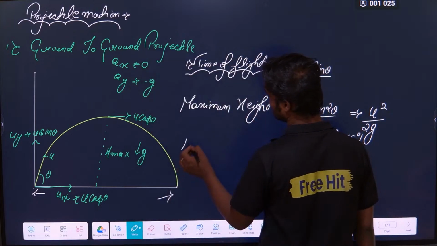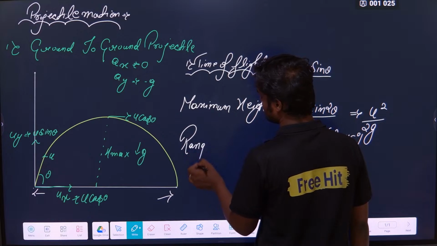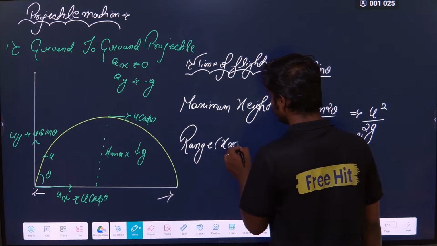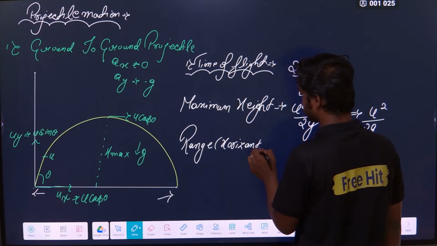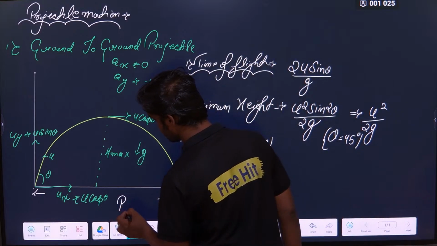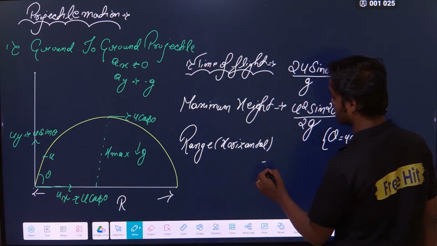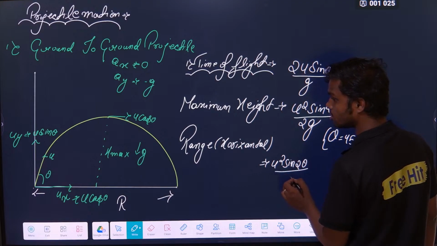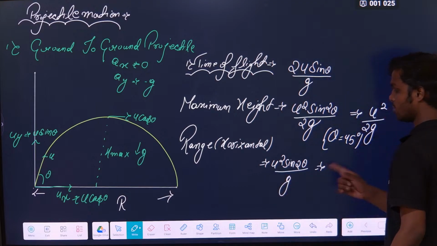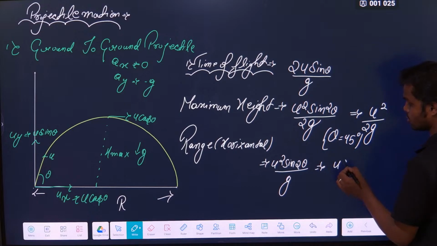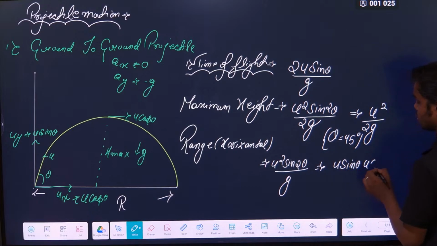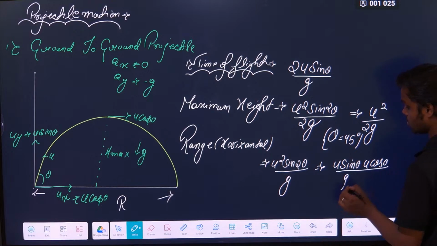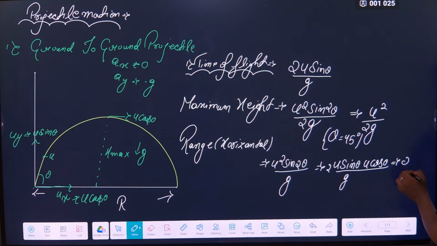Third is range, the horizontal range, from here to here. It will be given as u squared sin 2 theta by g. This can be written as u sin theta into u cos theta divided by g into 2, that is 2 times ux into uy divided by g.